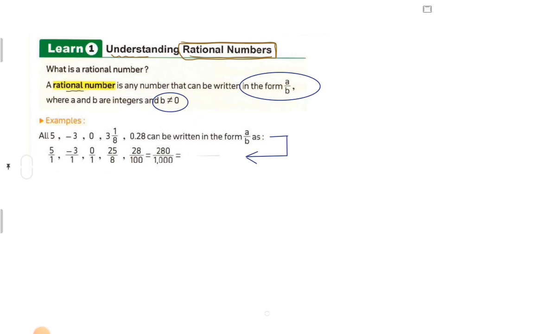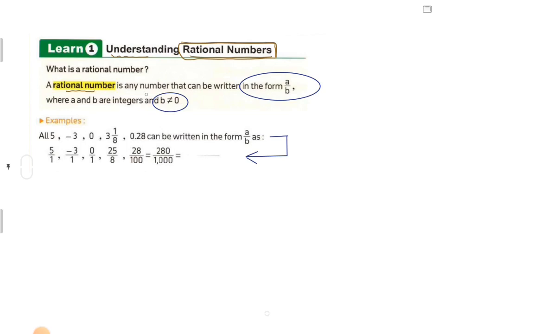A rational number is any number that can be written in the form a over b, where a and b are integers and b not equal to 0. What does this mean?